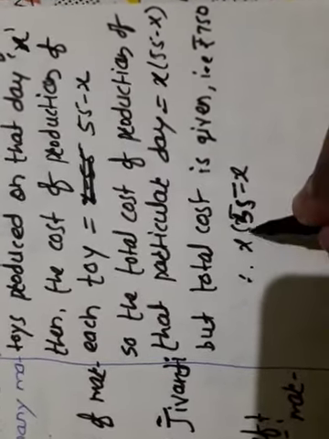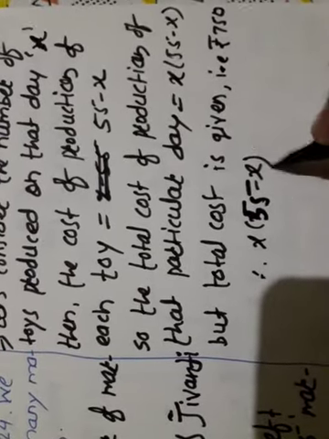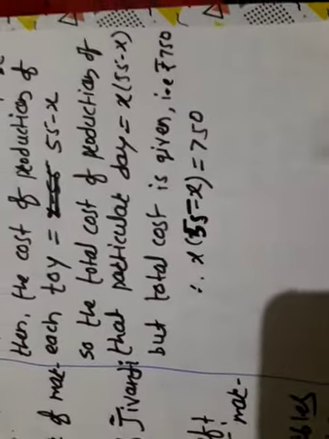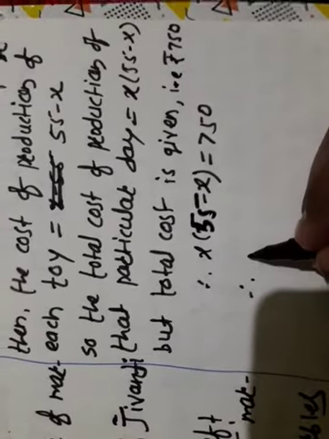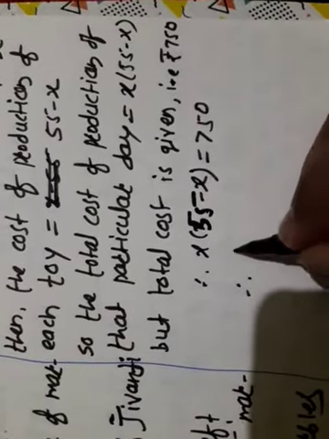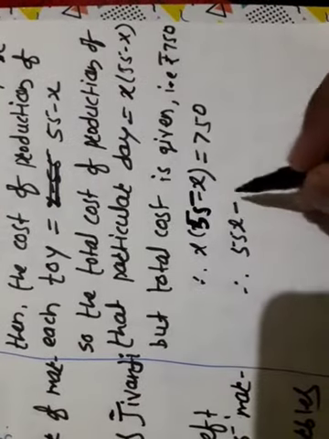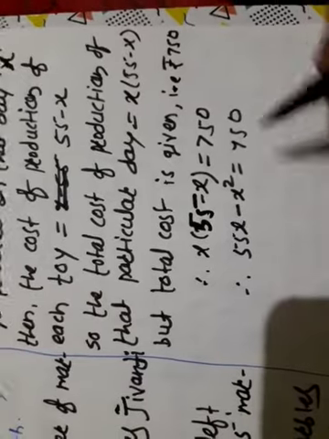Look here what I am writing, listen carefully. x in bracket 55 minus x is equal to 750. I will solve this. Therefore x into 55 gives 55x, and minus x into x gives minus x square, is equal to 750.